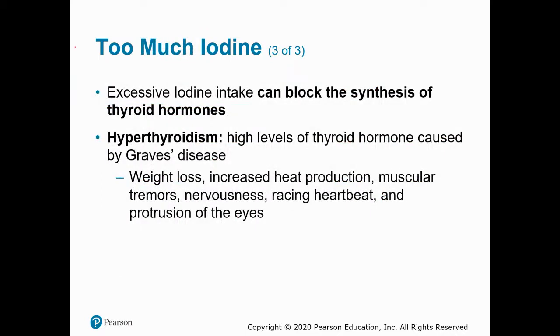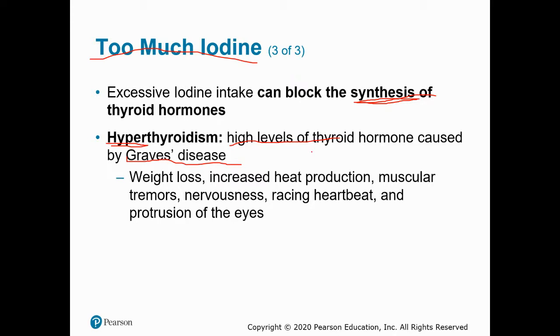And then on the flip side, what happens if we have too much iodine? Too much iodine can actually interfere with the synthesis of thyroid hormones, ultimately. In the early stages, we would have hyperthyroidism, meaning really high levels of thyroid hormones. This also goes by the name Graves' disease.